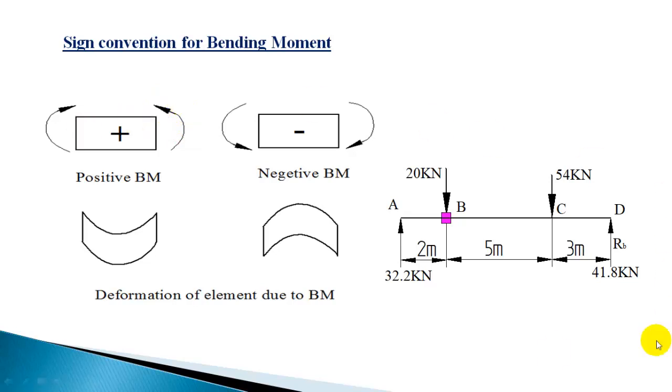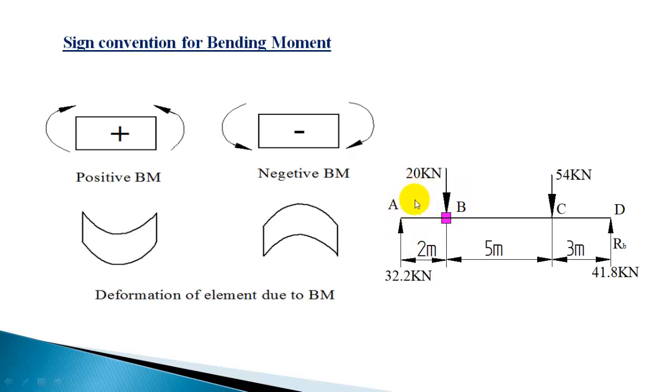Now this kind of bending is considered as positive bending moment. That is why, when you take from the left side, the clockwise rotation is taken as positive. This force is producing a clockwise rotation with respect to point B, and that can be considered as a positive bending moment.